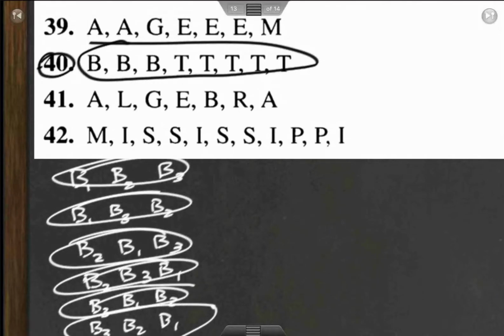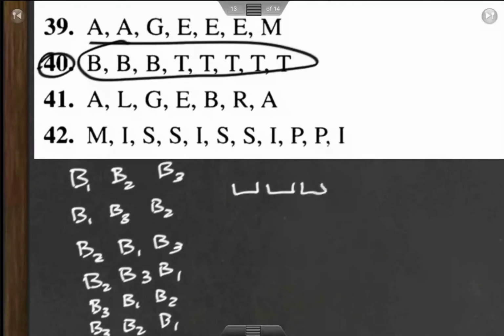Is there a faster way to do that? Yes, the answer is yes. Let's think about this a faster way. There's 3 spots because we got 3 B's. How many different ways can we rearrange those 3 B's? Well, for the first spot, there's 3 B's possible to go there. And then 1 B goes away, and in the next spot, there's only 2 B's that are possible to be there.